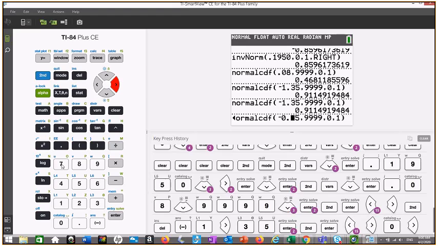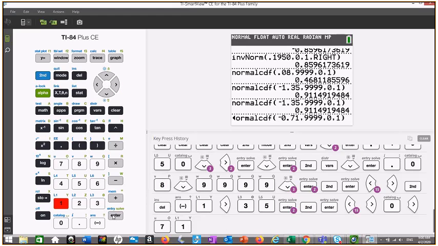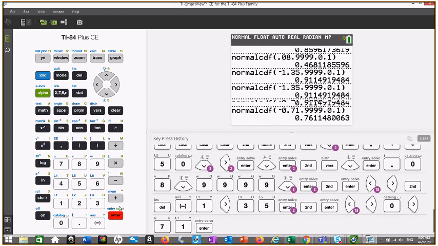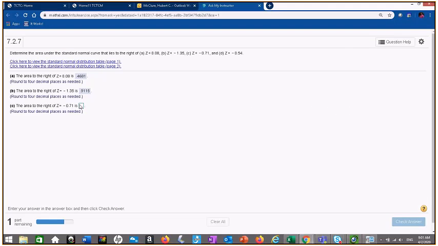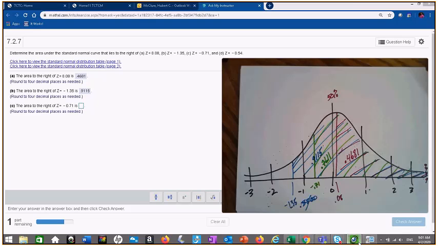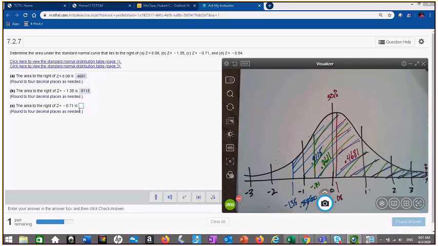A few steps, and enter. 0.7611. So that's the green. 0.7611.